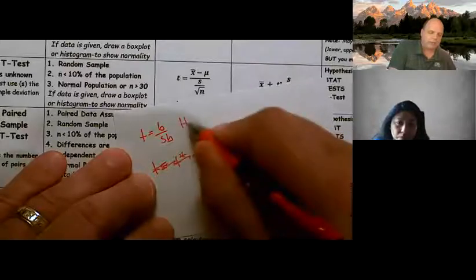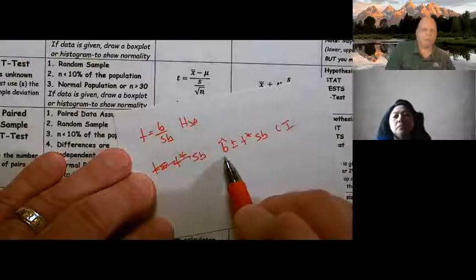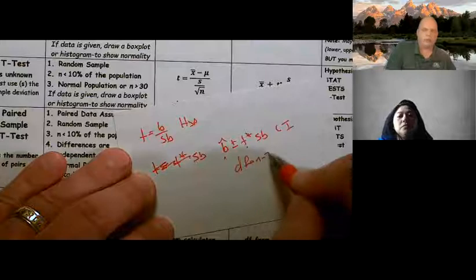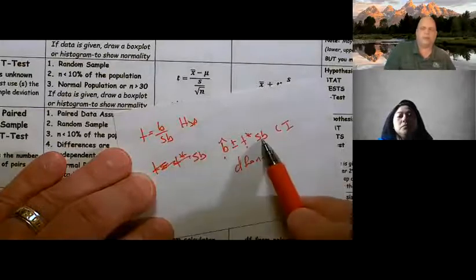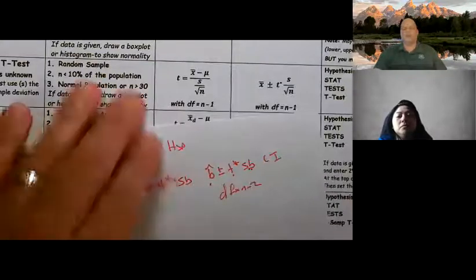This is your hypothesis test. This is your confidence interval. This is going to come from your computer output. This is going to have degrees of freedom of n minus 2, so be careful about this. This is standard error, okay? So this is for your confidence intervals.